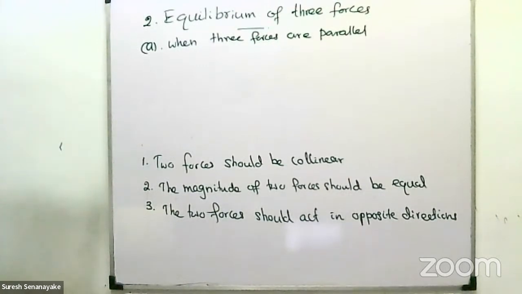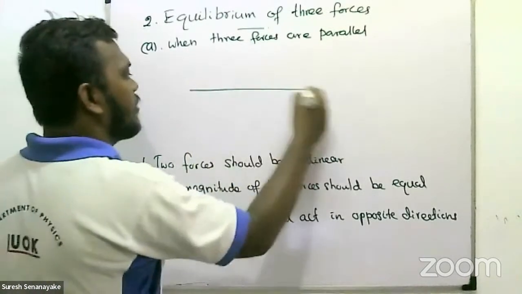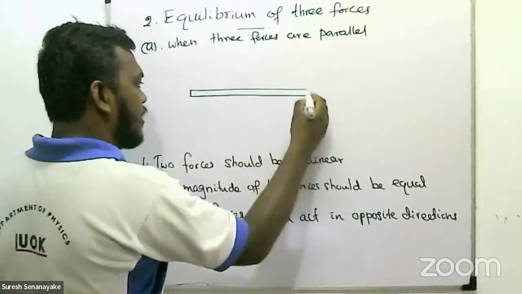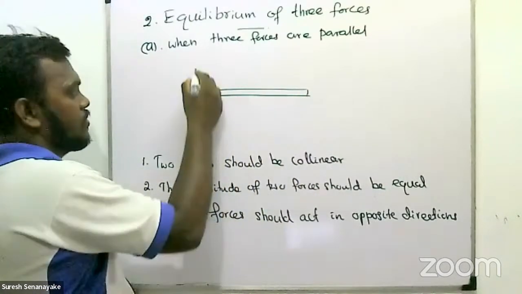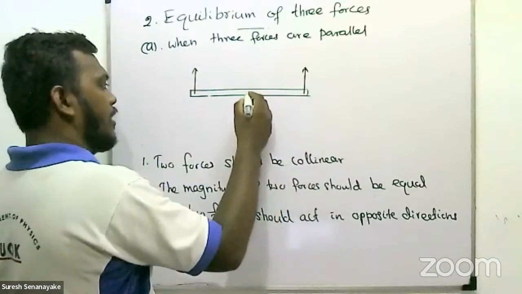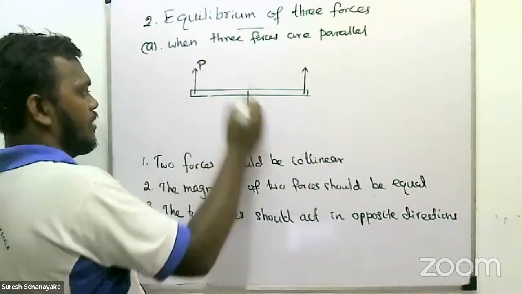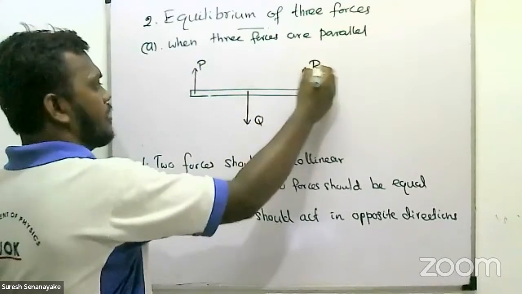Then what should happen? Parallel means, let's say the object is like this, with two forces acting in one direction and another in the opposite direction. So this is P, this is Q, and this is R.